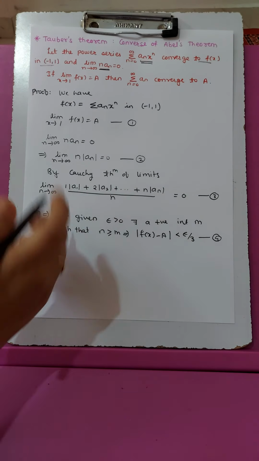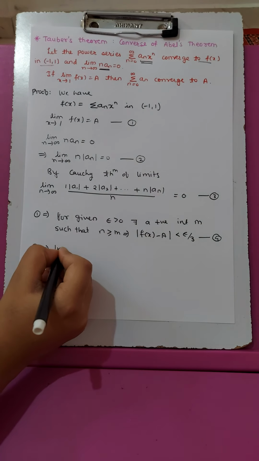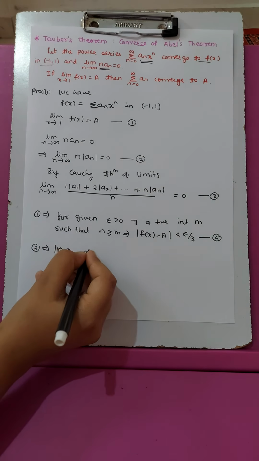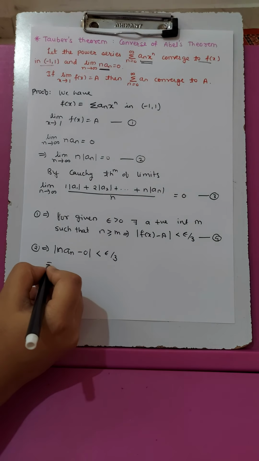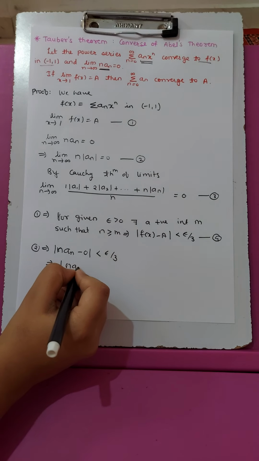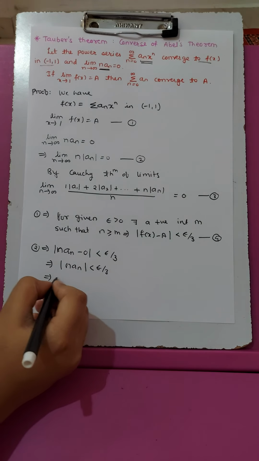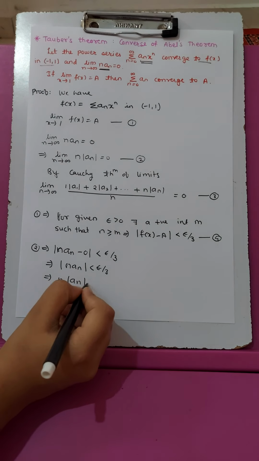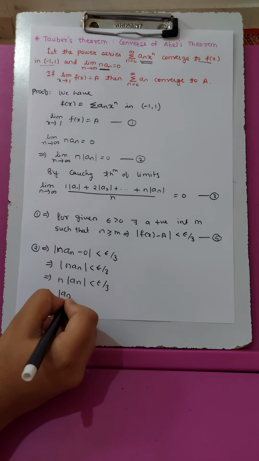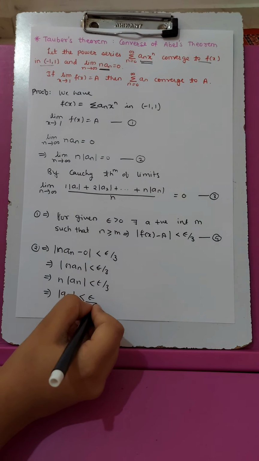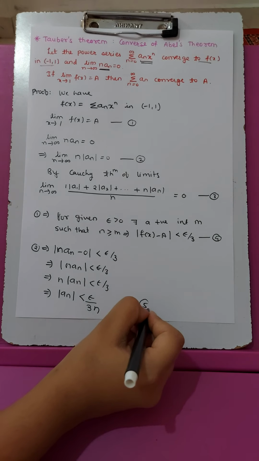Also this second implies that mod of n a_n minus 0 is less than epsilon by 3, that is n mod a_n is less than epsilon by 3. This implies that mod of a_n is less than epsilon upon 3n. Let it be number 5.